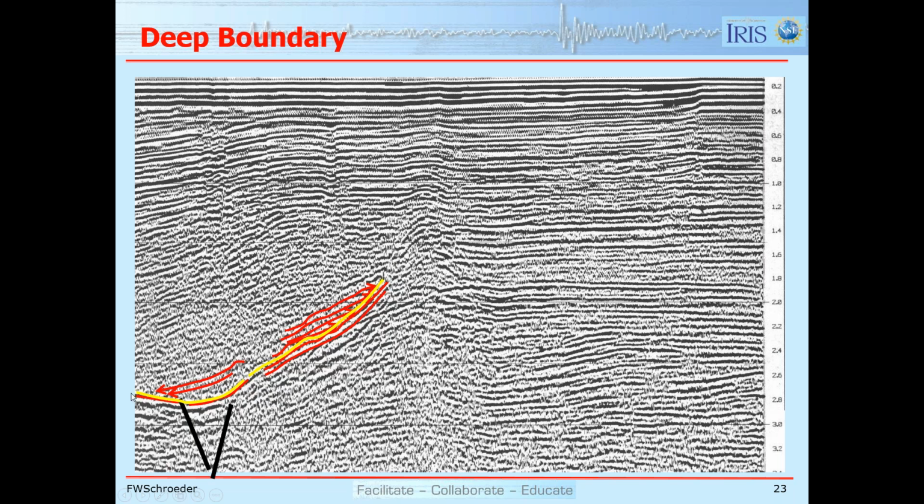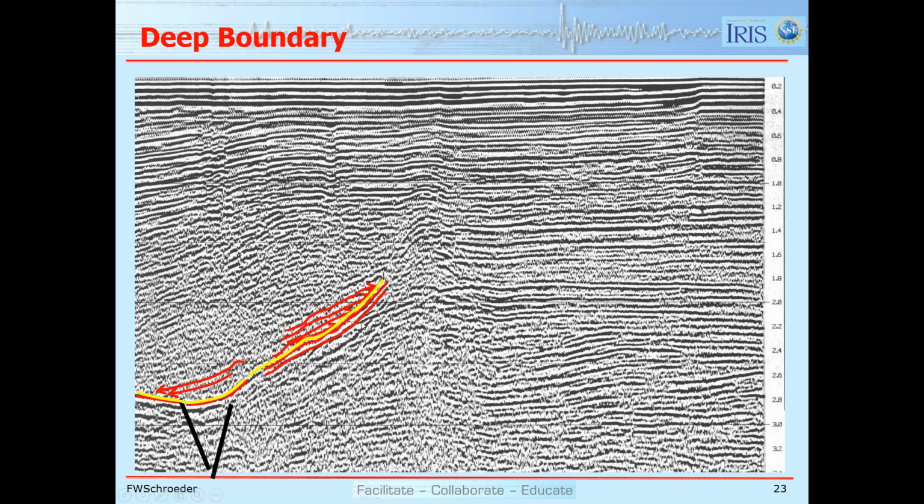So I have a section here and further to the left where downlap tells me I have a break in deposition, and a series of onlap reflections over here, and that happens to be the same boundary. I won't go further into the interpretation of this line.